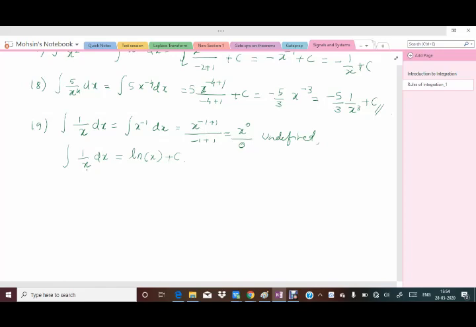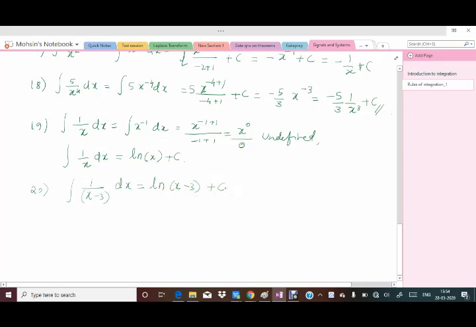Now similarly, continuing with that concept, suppose the given function has x minus 3 in the denominator, dx. What will be its integration? Like 1 over x was ln of x, here also it is going to be ln of x minus 3, plus c.